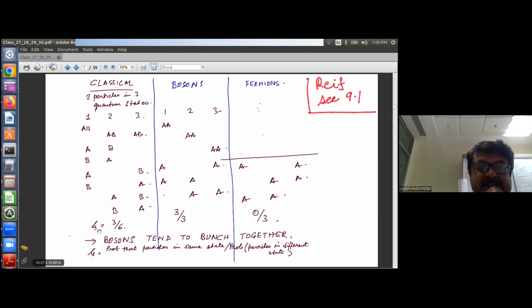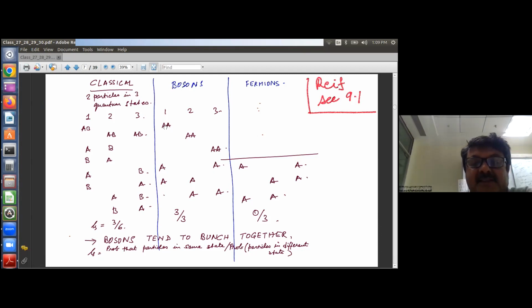And if you calculate zeta, what is zeta? It's the probability that particles are in the same state divided by the probability that particles are in different states. For classical particles, you will get zeta to be 3 by 6.